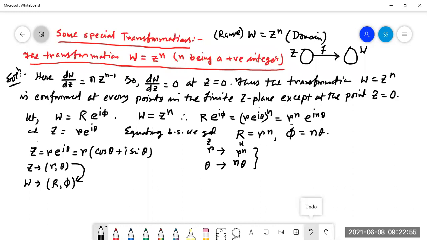If we take this as the z plane, this is the r and this is the theta.